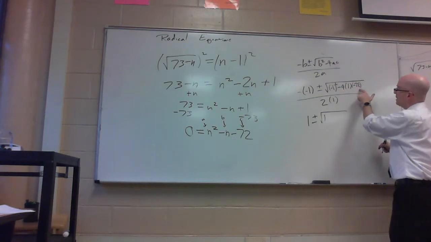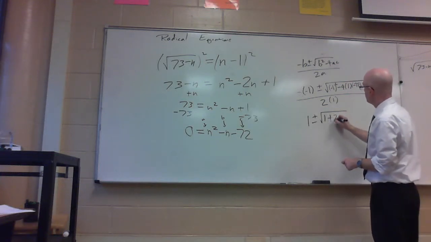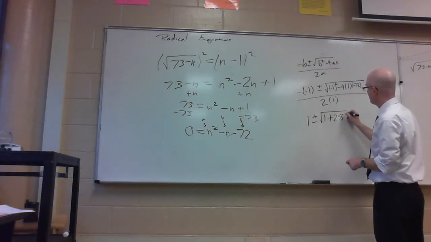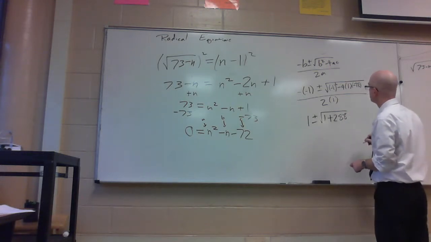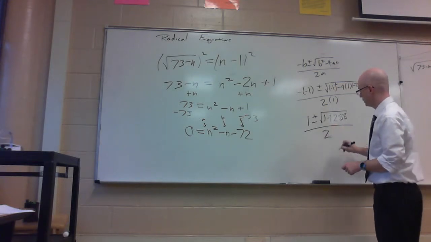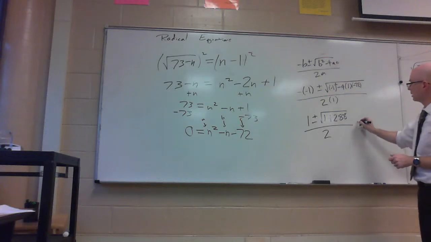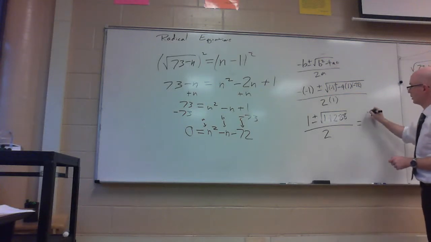Negative 4 times negative 72 will make this plus 288 over 2. Simplify again. 1 plus or minus the square root of 289 over 2.